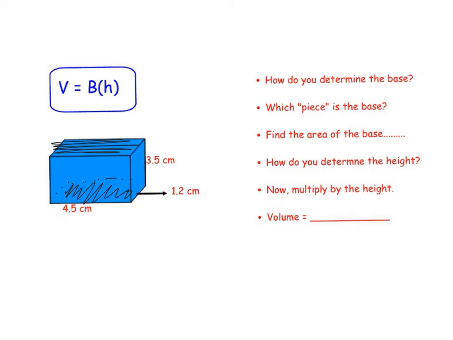But I could also say, well, you know what? The sides are parallel to one another. I could say that this side here is parallel to this side over here. I could consider the left and the right side of this prism to be the bases. But then someone might say, well, wait a minute, I believe that the front and the back of this are parallel as well.